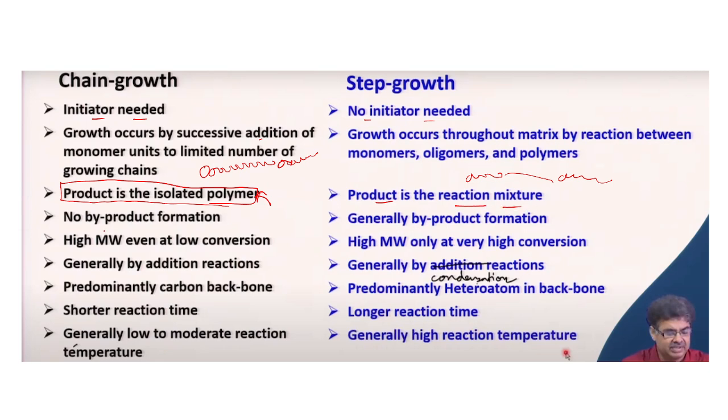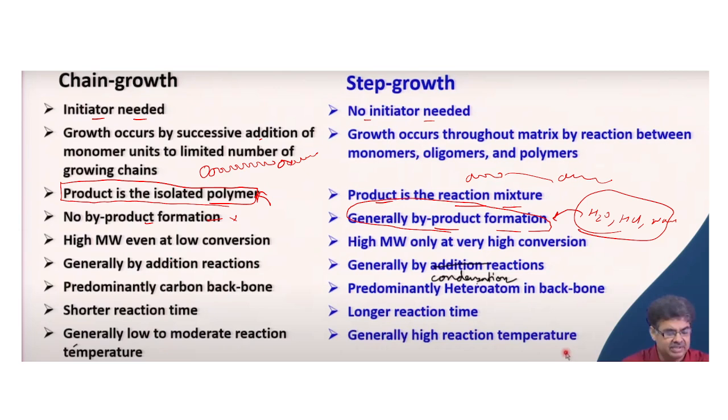Then, no byproduct formation in chain growth, but step growth generally forms a byproduct. Why? Because this reaction is done by condensation reaction. Whenever there is condensation, small byproducts like H2O, HCl, NaCl will be formed.